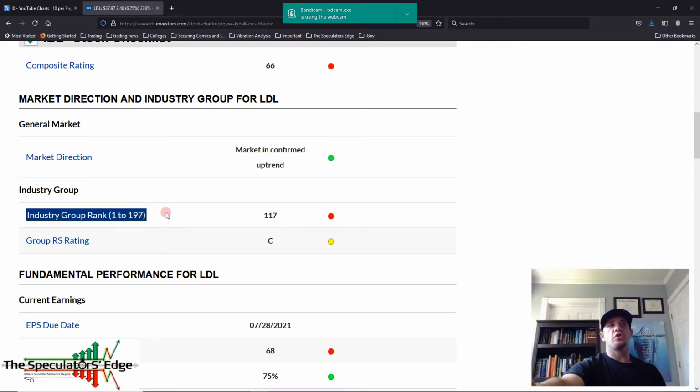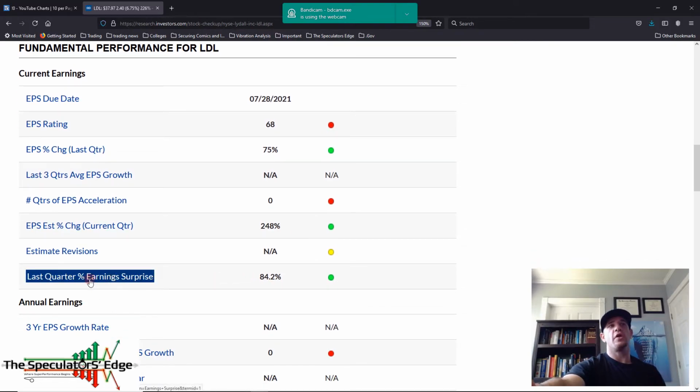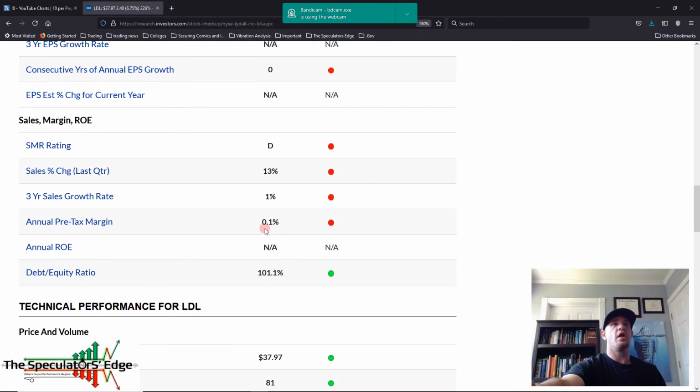The industry group rank is 117, not so great. Group relative strength rating is C, not so great either, but the earnings per share percent change last quarter was 75%, that's good. Earnings per share estimated percent change current quarter is 248%, so that's good. And not only that, the last quarter earnings surprise was 84%, which is pretty good as well.